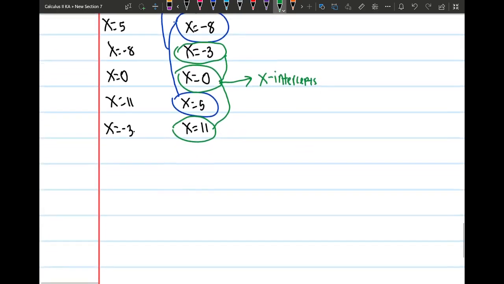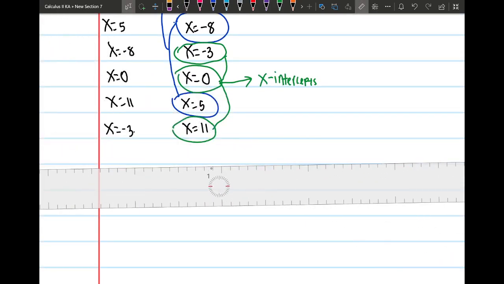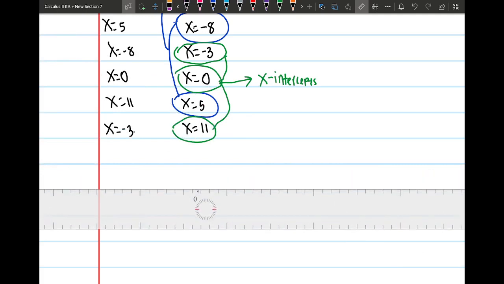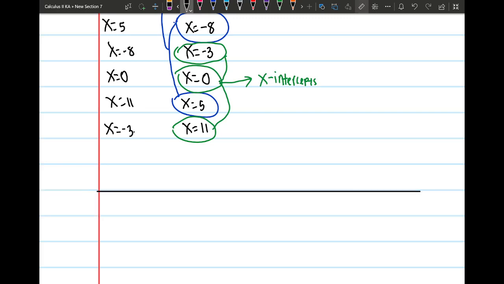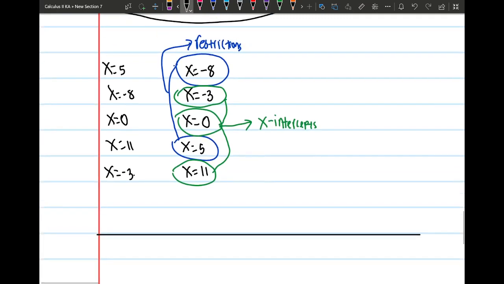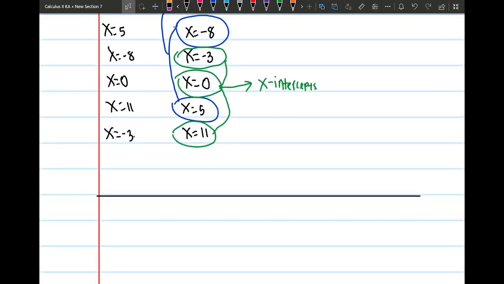Now let's go ahead and make a number line. So if I do this, my number line is going to be the following, and I'm just going to do a random number line, and I'm going to go in order here. First was -8, so let's say here's -8.